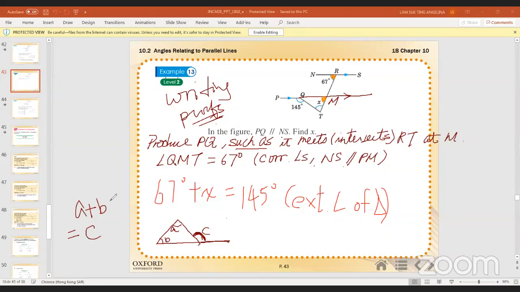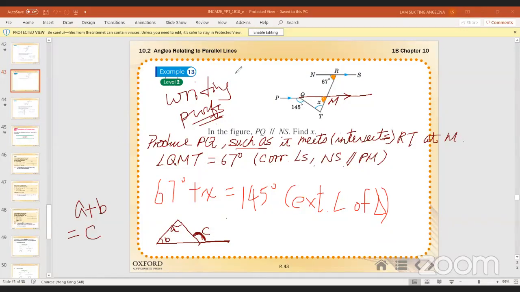Writing a proof means you need to explain. You need to tell people why this angle is this angle, why these lines are parallel, things like that. And then you need to write things very clearly and step by step. Therefore, I need to spend a lesson to revise what you have done last time.